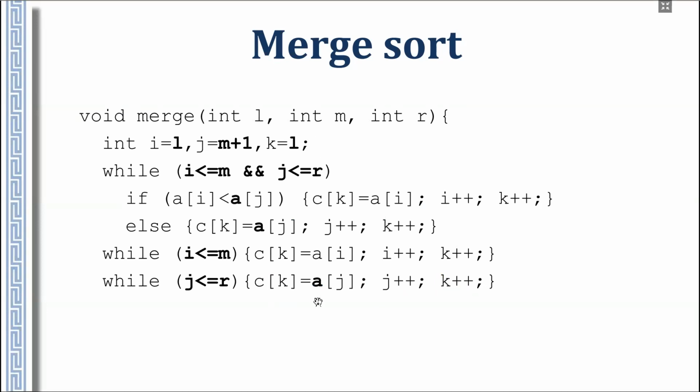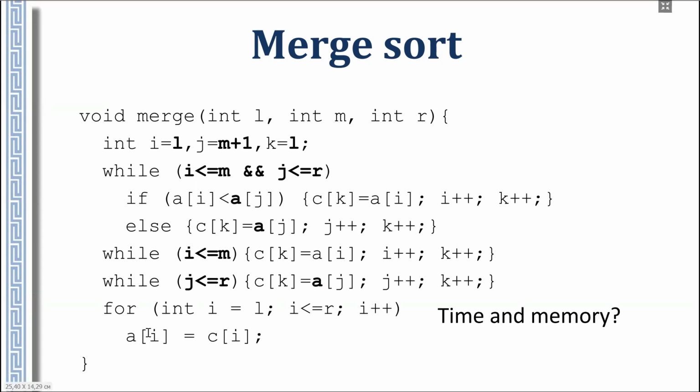We can use the same code, but use only array A instead of B. So on array A, for indexes, you can use i and j. j is from M plus 1 and i from L, and the end of i is M and the end of j is R here.